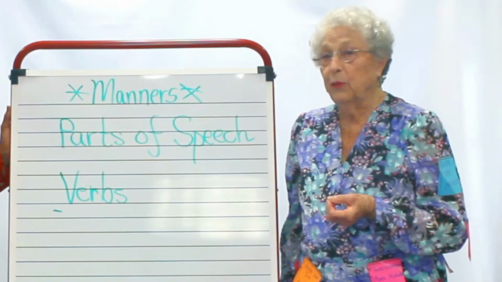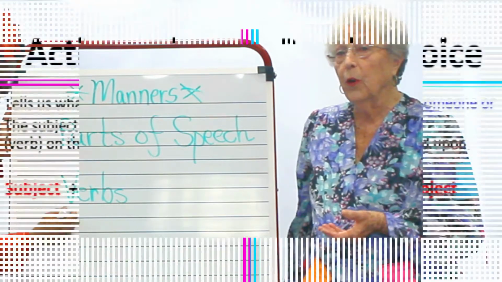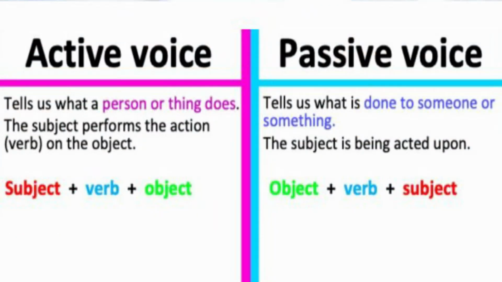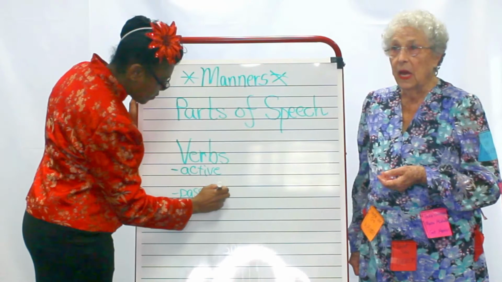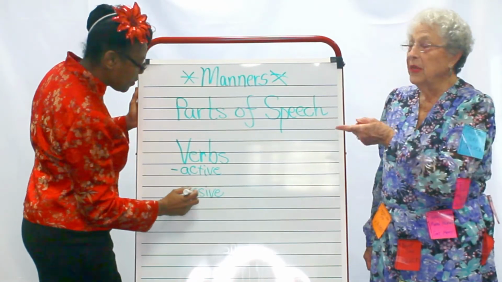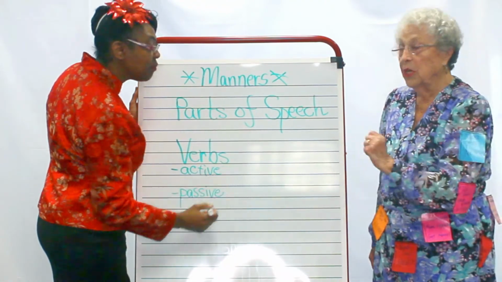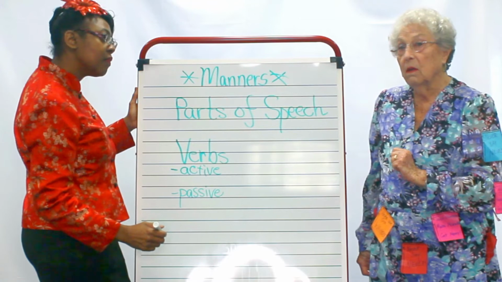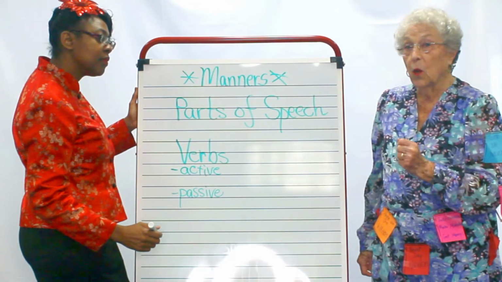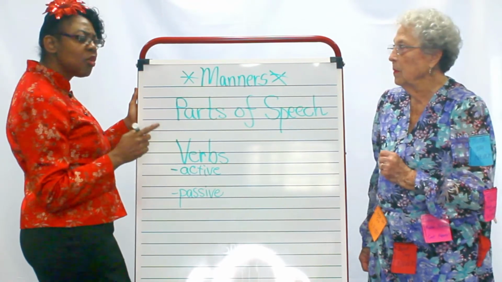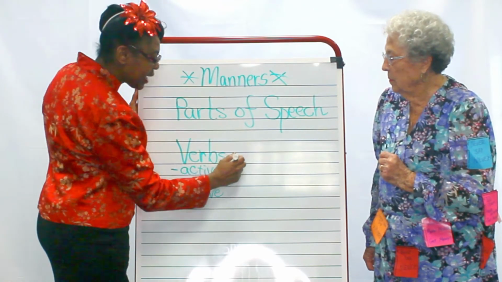Okay, there are 2 types of verbs. There's active verbs and passive verbs. The ones that we will be using today will be active verbs. That means Miss Shiela writes on the whiteboard. Miss Shiela is our noun. Our verb is writes, where she's writing. So in other words, an active verb is like an action verb.